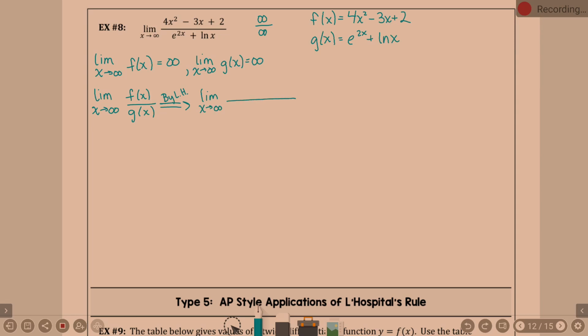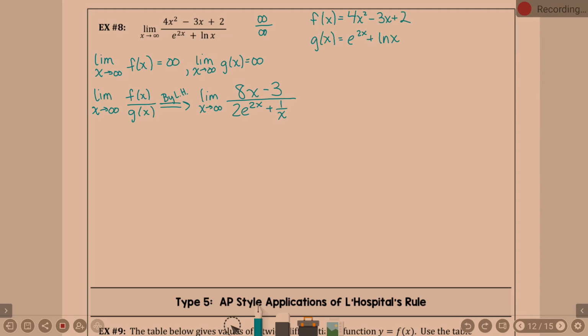What is the derivative of the top? Okay. Over, what's the derivative of the denominator? E to 2x times 2. Okay. Pause that. Are we okay there? Yes. Derivative of e to some power is e to that power times the derivative of that power.